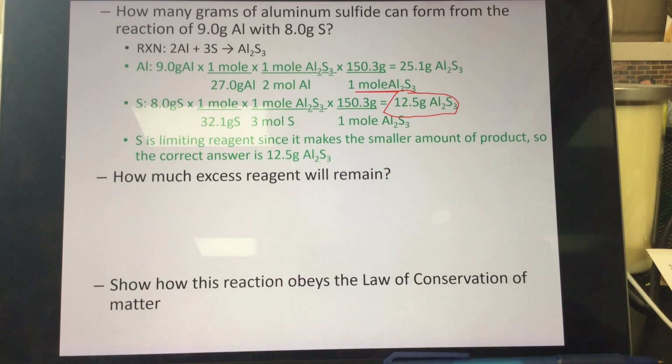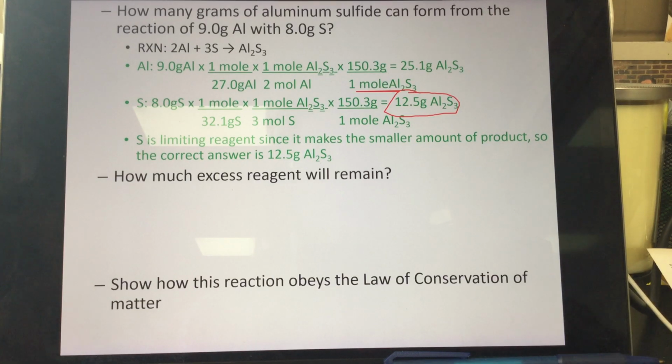These are both in grams, but they're grams of sulfur and grams of aluminum, which have different molar masses, and in this case they also have different mole ratios with the aluminum sulfide. So both of those things have to be taken into account, their mole ratios and their molar masses, and that's why you have to convert both things to not only like units but also like substances.